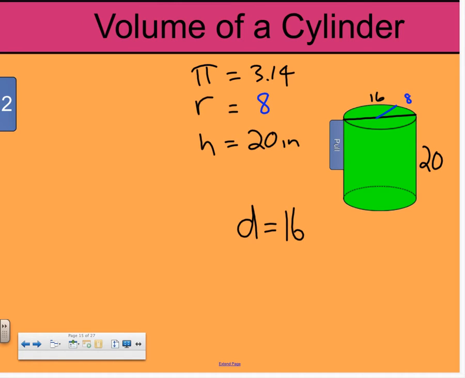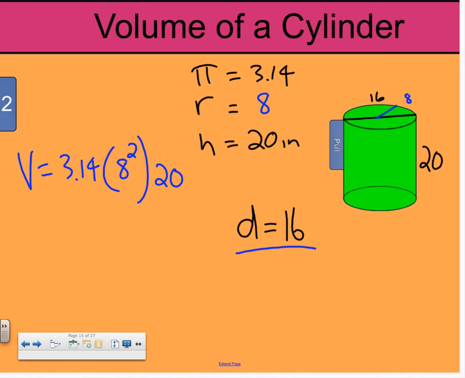And now go through the exact same process as before. I do volume equals 3.14 times the radius, which is 8. Remember, we knew that it was 8 because it was half the diameter. That radius has to be squared times 20.